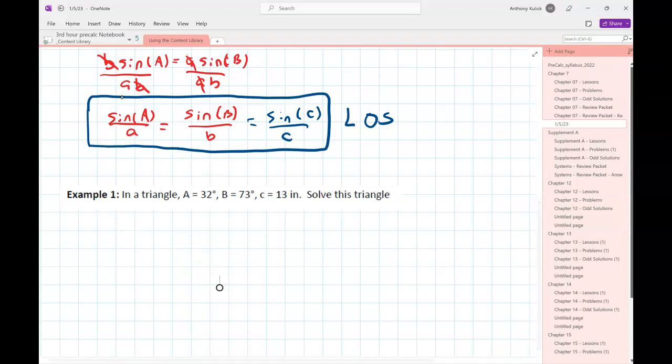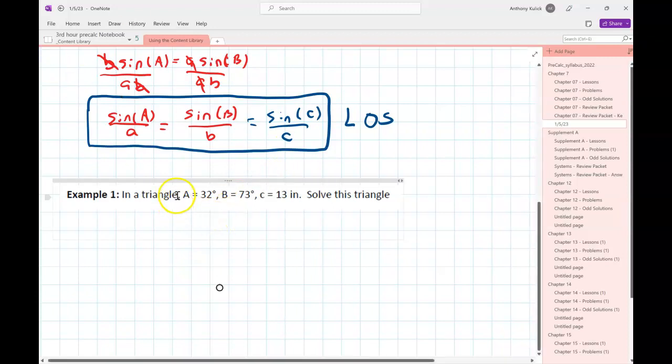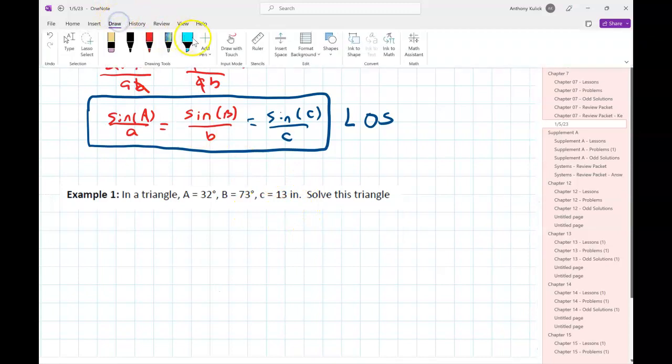So let's do an example where we're using this law of sines to solve a problem. Again, the directions say in a triangle where A is 32 degrees, B is 73 degrees, and C is 13 inches, solve the triangle.